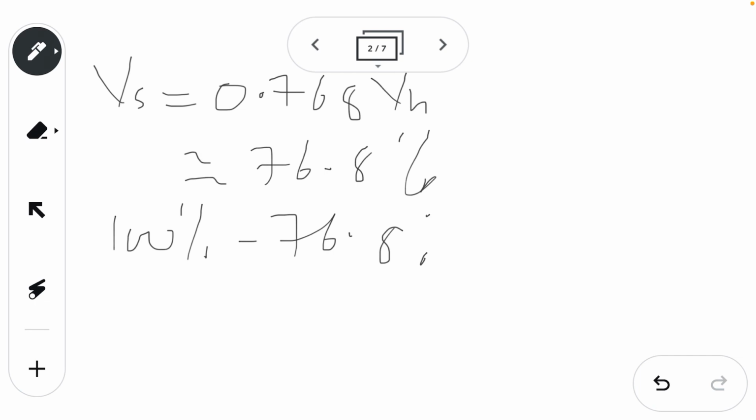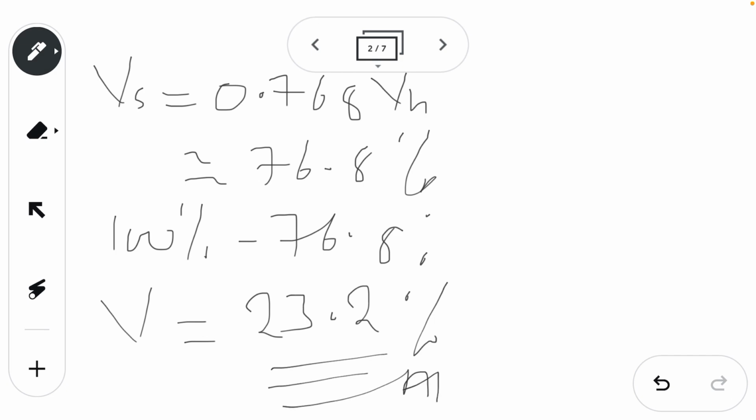When you do that, you find that the volume of the human that is above the surface is about 23.2%.